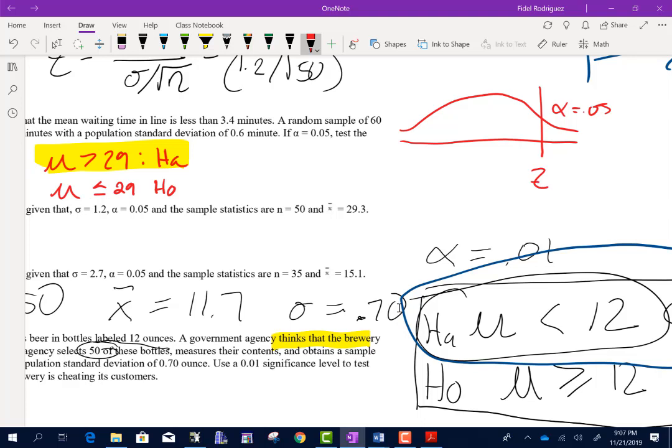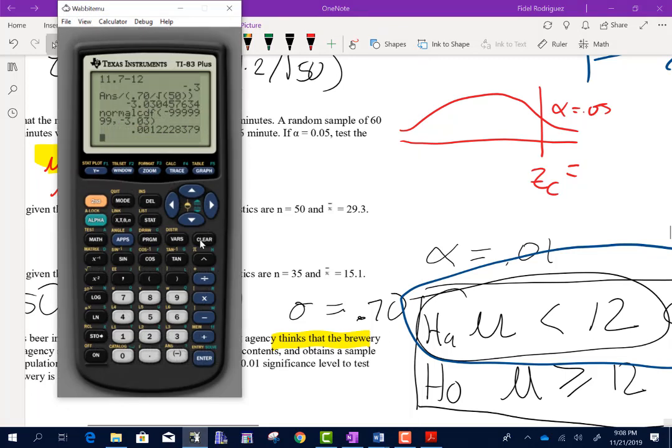Guys, if I wanted to find that critical value, remember when I'm doing this on my calculator, whether I use my inverse norm or whatever I'm using, that always tells me the area which way? To the left. So the area over here is 0.05, what would the area to the left be? 0.95, right? Good, so let's go second bars, inverse norm. We said the area to the left is 0.95.